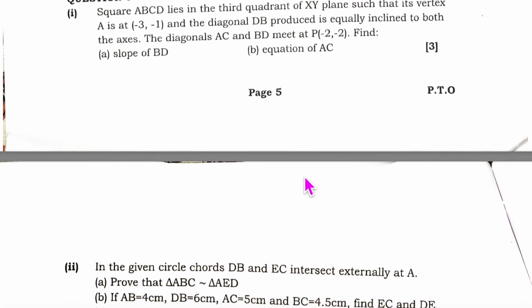Square ABCD lies in the third quadrant of XY plane such that its vertex A is at -3, -1 and the diagonal DB produced is equally inclined to both the axes. The diagonals AC and BD meet at P -2, -2. Find A, the slope of BD, and B, the equation of AC.